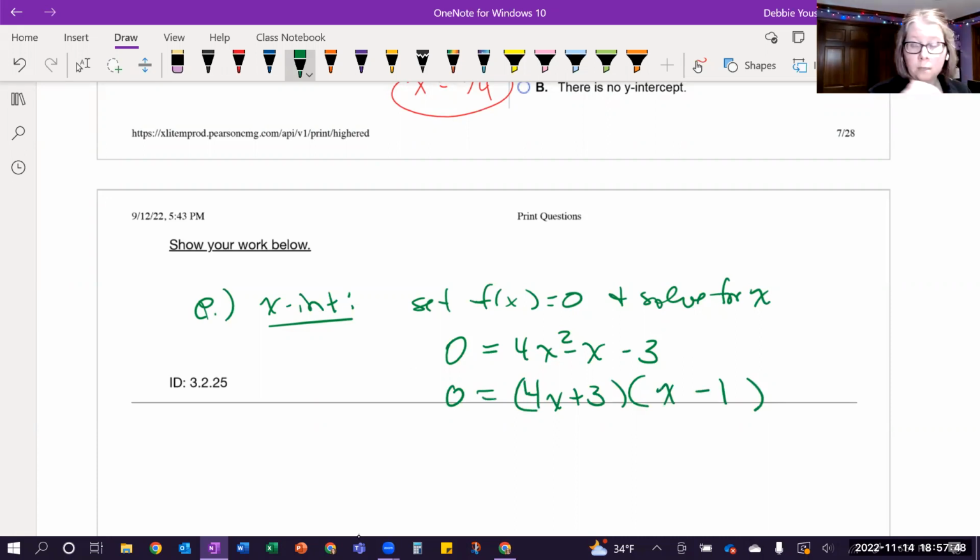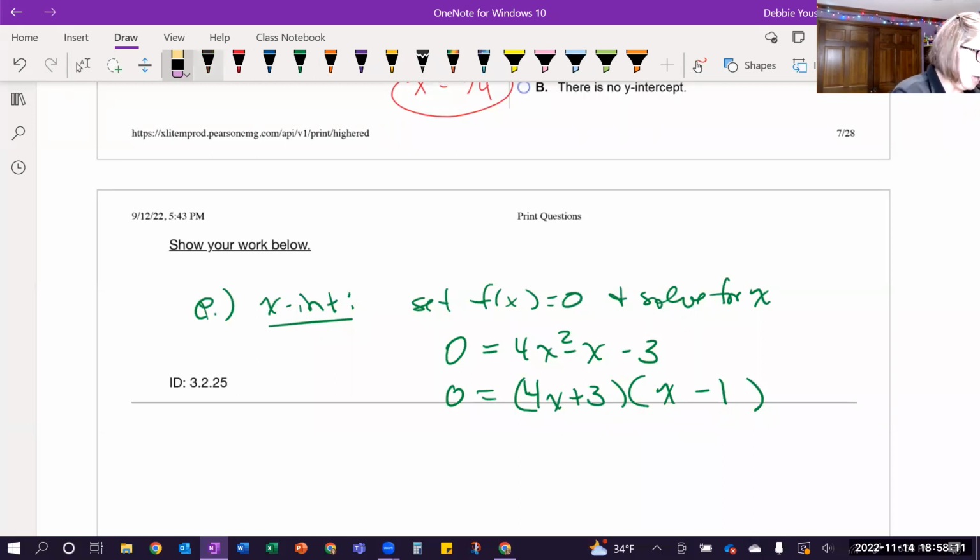Because you can always FOIL it out and check it. So if I were to multiply my first terms, I get 4x squared. If I multiply my last terms, I get negative 3. And then if I were to do my outer and inner terms together, negative 4x and plus 3x would give me negative x in the middle. So that's how I know I've got that factored correctly.